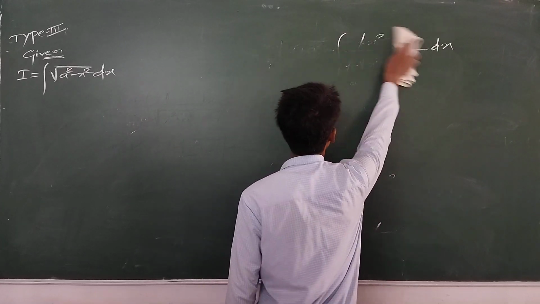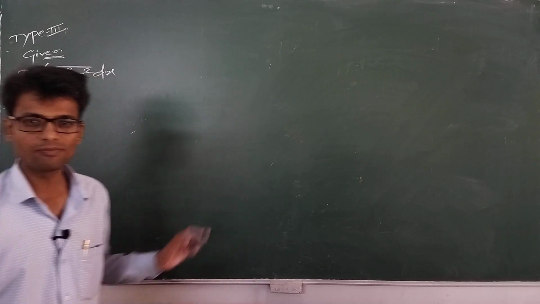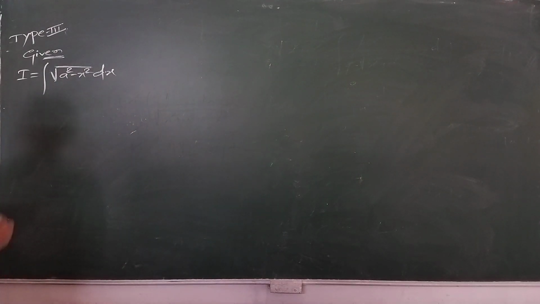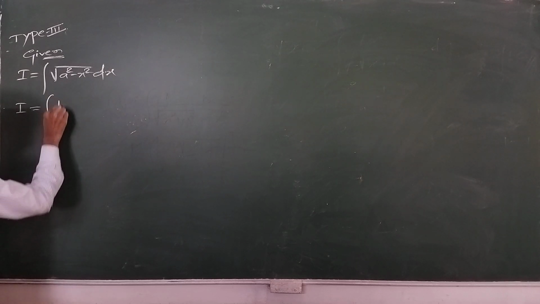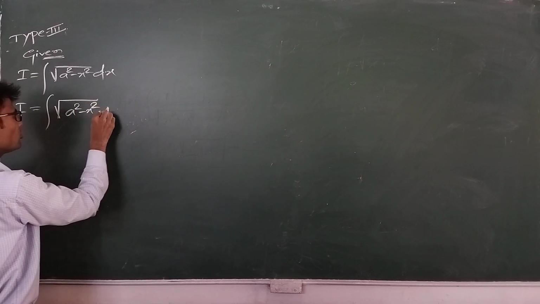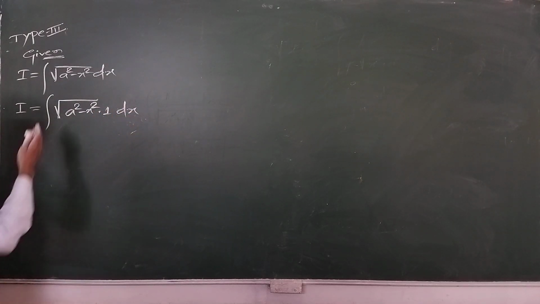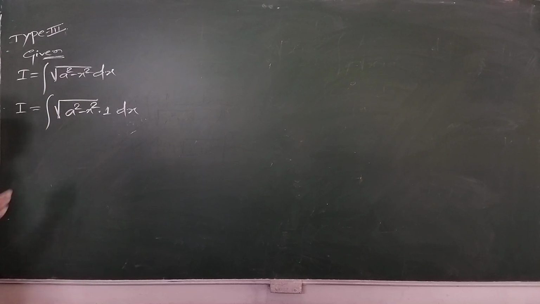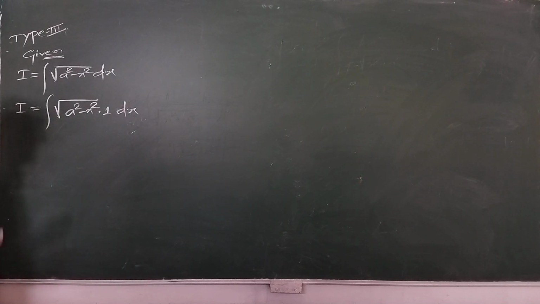Now again, how to apply the integration by parts formula for this one. I'll write I is equal to integration of square root of a square minus x square into 1 into dx. See, we have just square root of a square minus x square here, and I have written it as square root of a square minus x square into 1 into dx.